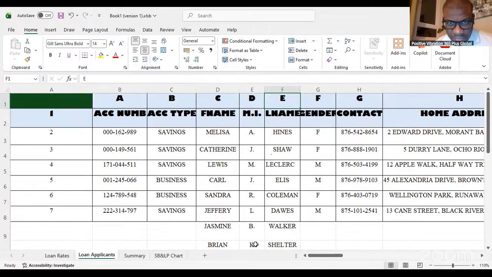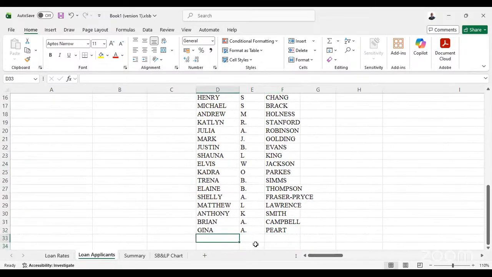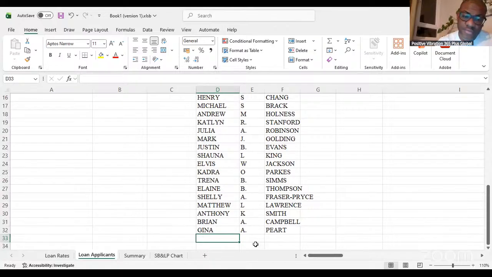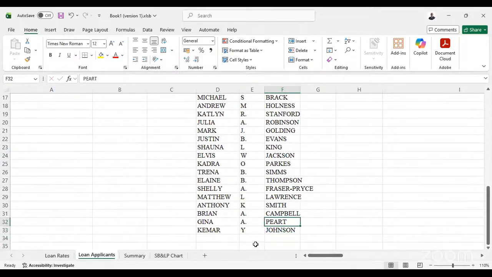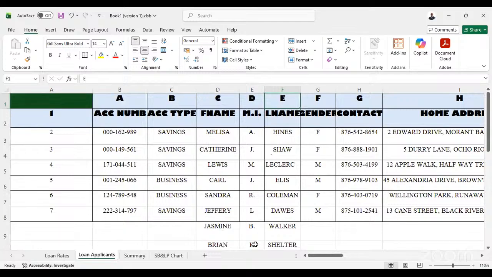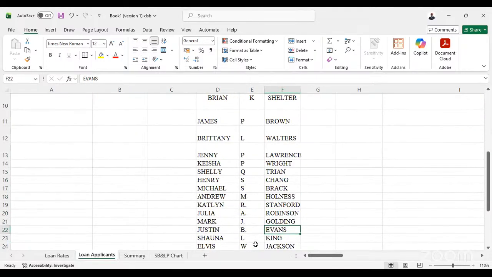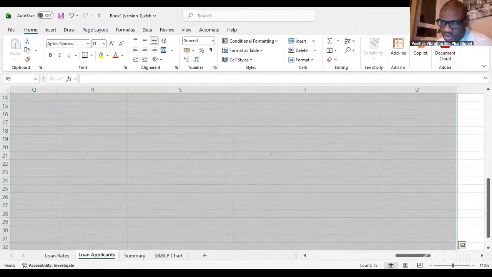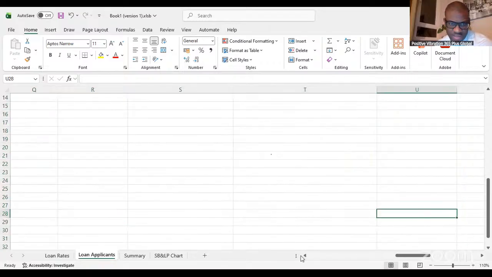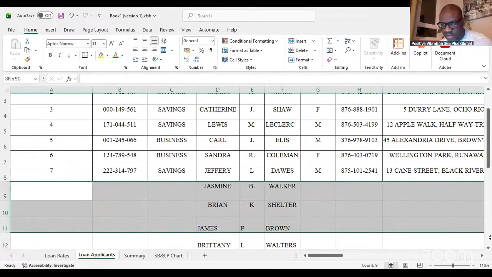I need one more. Johnson. What I want to do now is just get the numbers so I can show you how to do the sorting, and then you can fill in the rest of those.